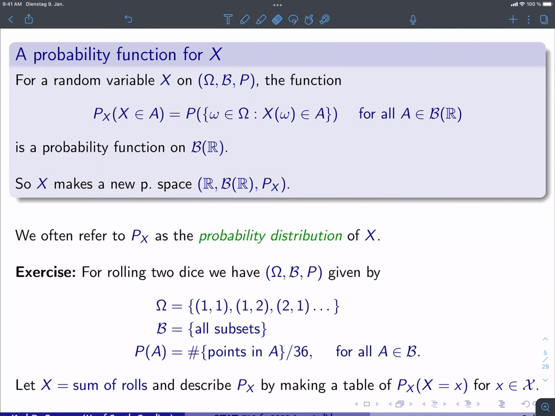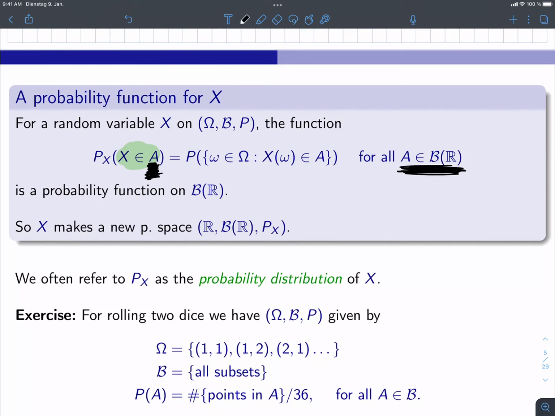So we would like to make probability statements about our random variable x, which look like this. So I want to write like the probability that x is greater than 2, or the probability that x is less than 1, or for any set A, which is like some interval in the real numbers, or anything in the Borel sigma algebra on R. We can just think of it as an interval on the real line. I want to have an expression for the probability that my random variable falls in that interval.